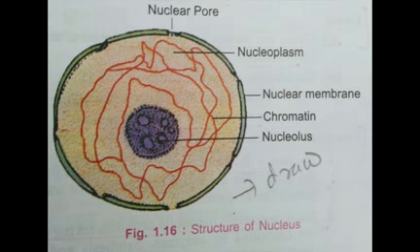Genes are segments of very long DNA, that is deoxyribonucleic acid molecules. Genes are arranged in a single linear order along the chromosome. They are formed due to condensation of chromatin material at the time of cell division.